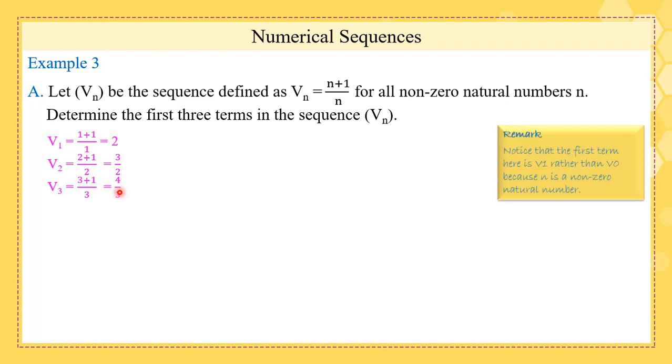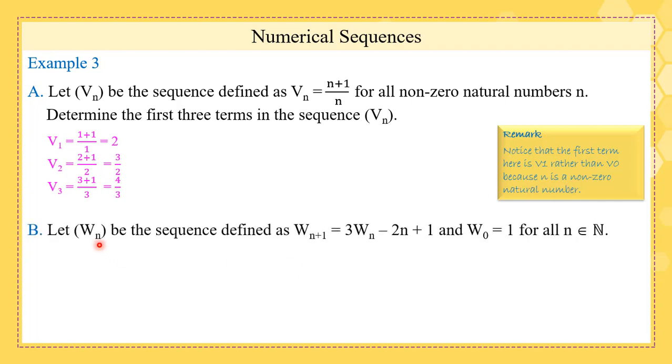Now notice that the first term here is v1 rather than v0, as I said before, because n is a non-zero natural number. Now this is the sequence wn, which is defined as w(n+1) is 3wn minus 2n plus 1, so it's related to n and wn, and we have here w0. The question is to determine w1, w2, and w3.